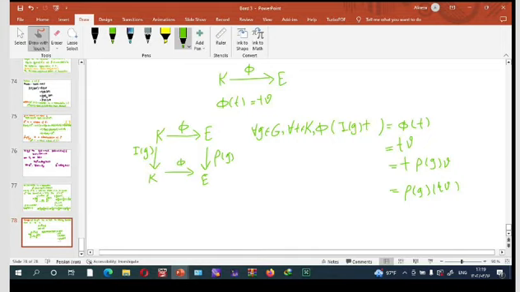And this is equal to rho of g of phi of t. So that we have this equality again. And so this is a homomorphism.